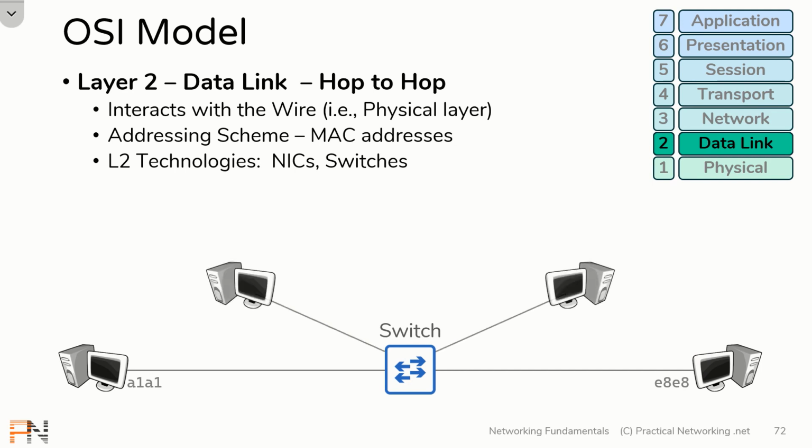Moreover, switches allow you to connect many devices to them. If these two hosts want to speak to each other, the switch is going to internally connect these wires such that data can traverse this hop from this NIC to this NIC. So switches are considered layer 2 technologies because they aid in the accomplishment of this goal.